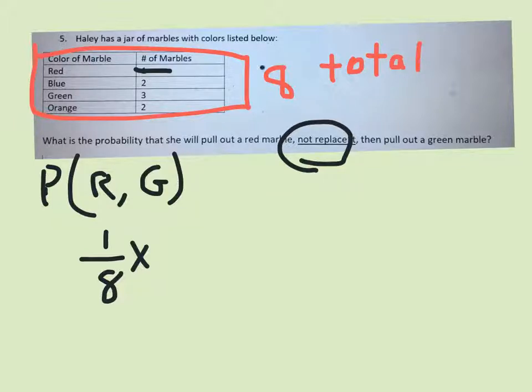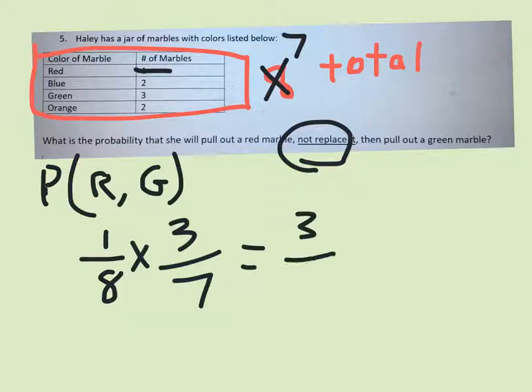So 0 red, and our total is now 7. So now we're going to try to pick out a green, and there are 3 green. So 3 chances out of 7 total marbles. So then we're going to multiply those probabilities together, and we get 3 out of 56. And we actually cannot reduce that.